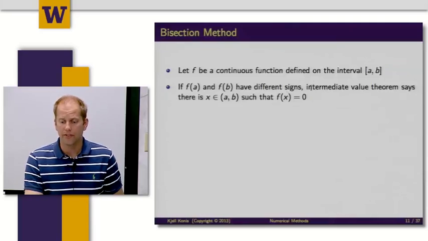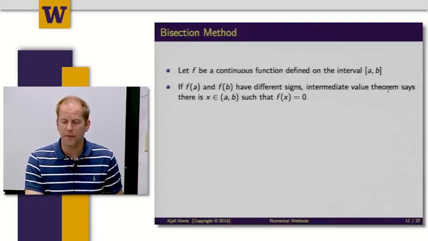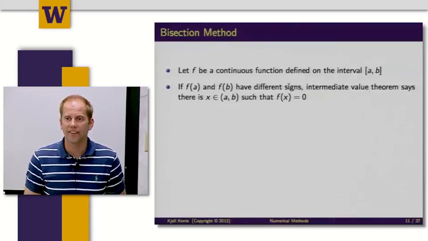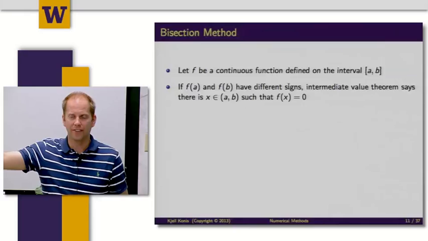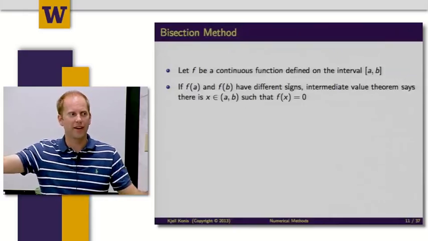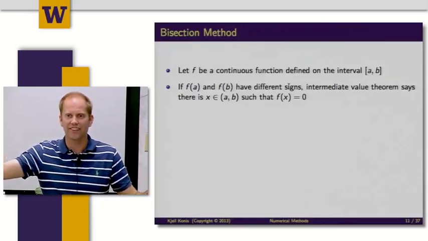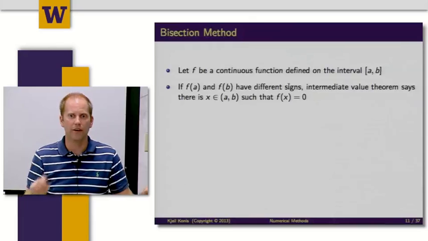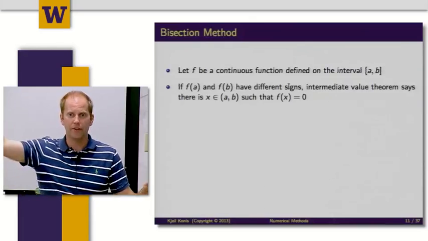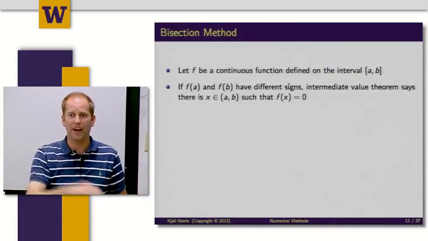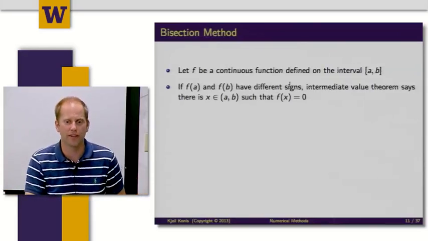Then there's a result from calculus called the intermediate value theorem, and this should just make a lot of sense. If on one side of my interval I'm positive and on the other side I'm negative, and the function is continuous, which we think of as a function you can draw without lifting up your pen, then to get from this point down to this point I'm going to have to cross 0 somewhere in between.